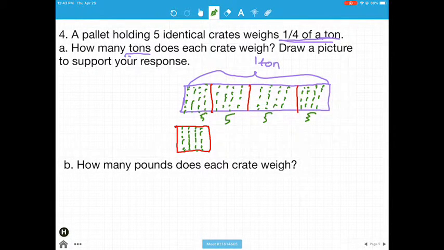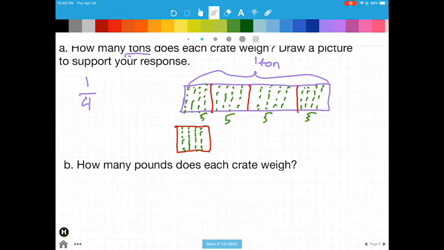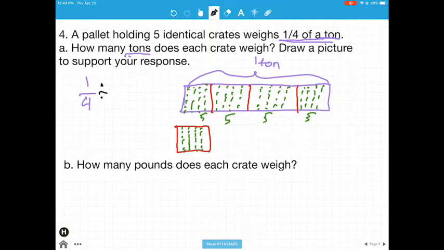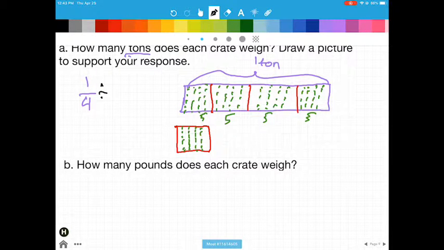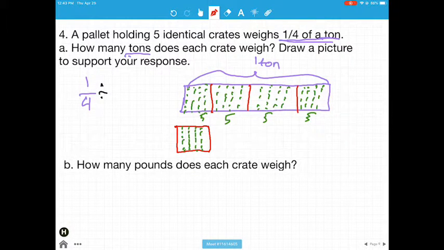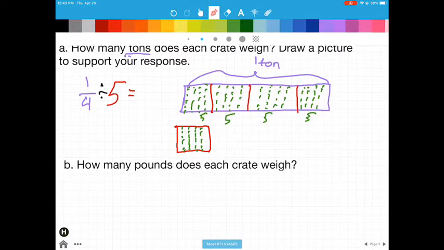So our problem here is 1/4 divided by the 5 crates equals 1/20th. Because that's what one of these crates is equal to.